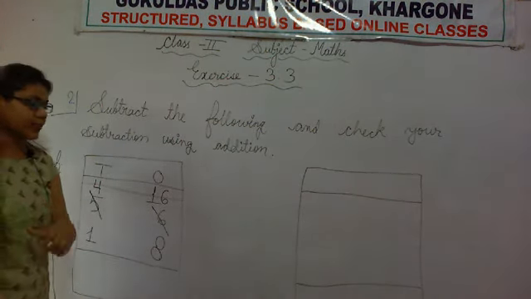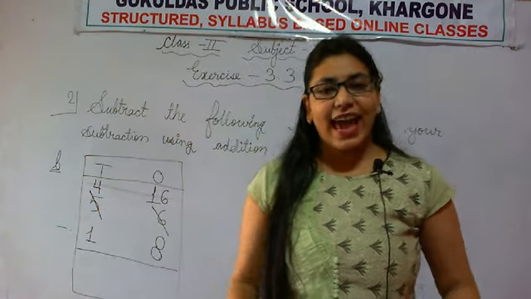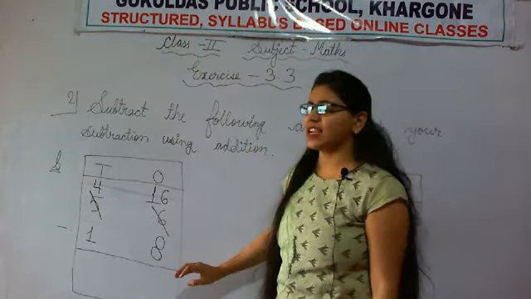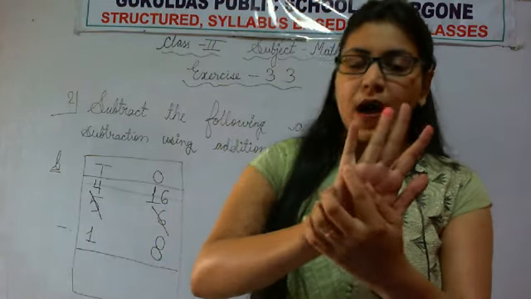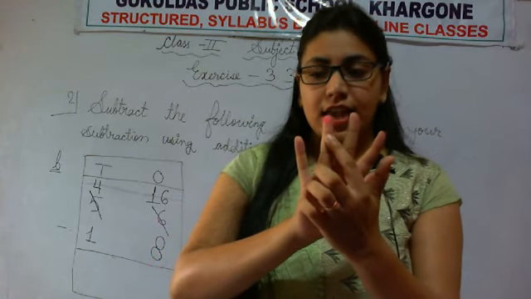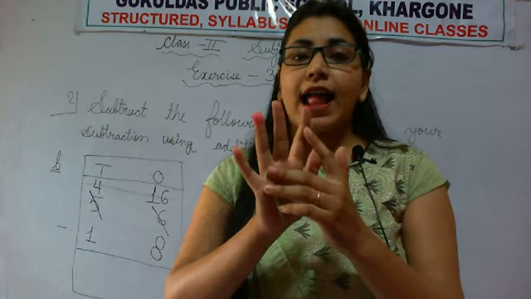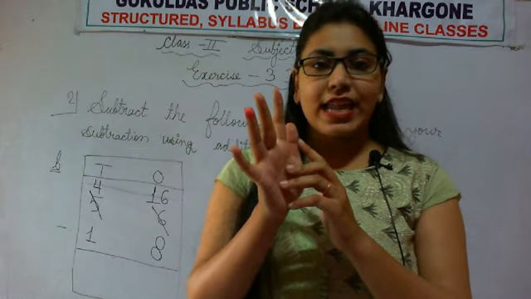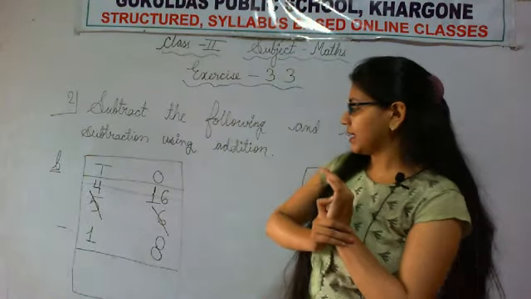Now 16 minus 8. Can we remove 8 from 16? Yes, we can remove. So let's do it. 16 minus 8. First of all, we'll count 16 finger marks: 1, 2, 3, up to 16. Now we had counted 16 finger marks.